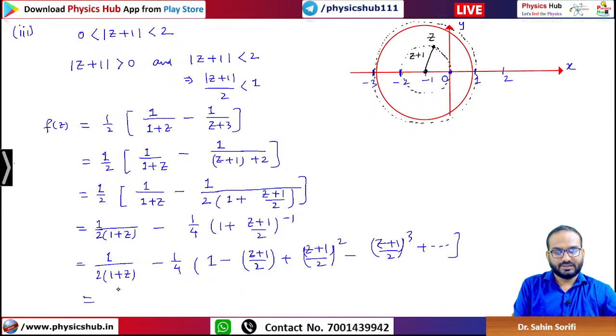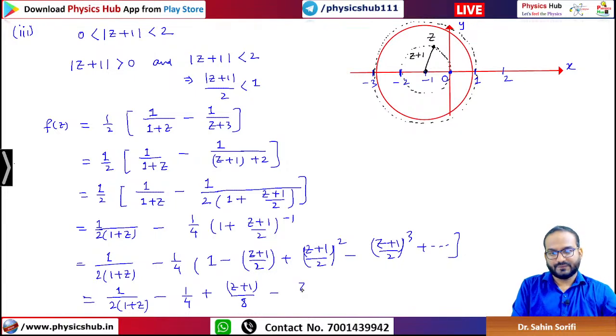So you will ultimately get 1 upon 2 times 1 plus z minus 1 by 4 plus z plus 1 by 8 minus z plus 1 square by 16 and so on.